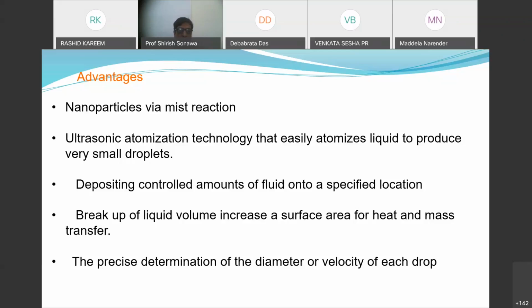Instead, to get uniform shapes, let's say rod kind of structures, we can get them through this ultrasound atomization methodology.